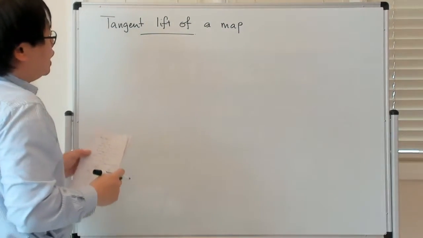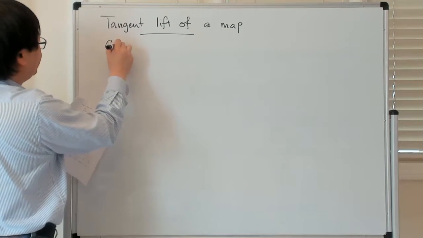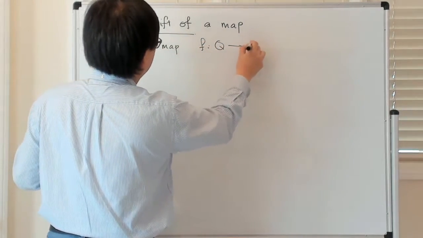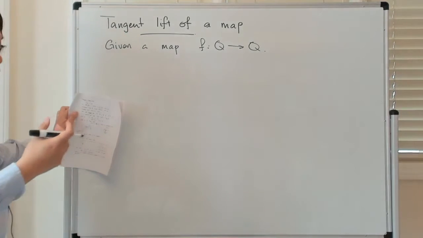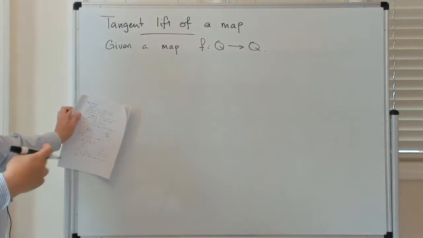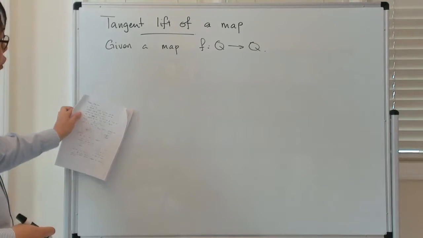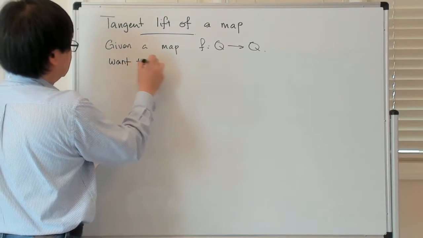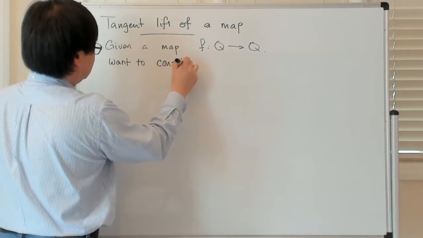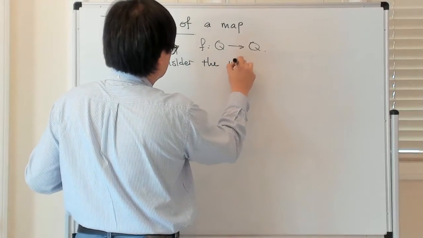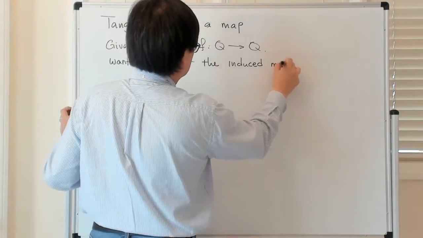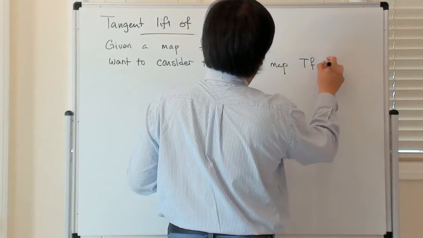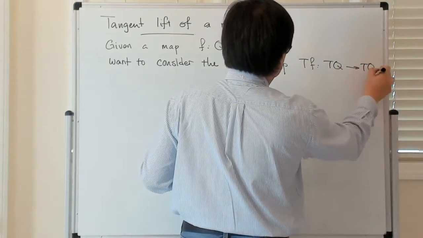The idea is that if you're given a map, let's call it F, from some space to itself, we'd like to see what this map induces at the level of vectors on this configuration space Q. So we want to consider the induced map, which is often denoted TF, at the level of tangent spaces.